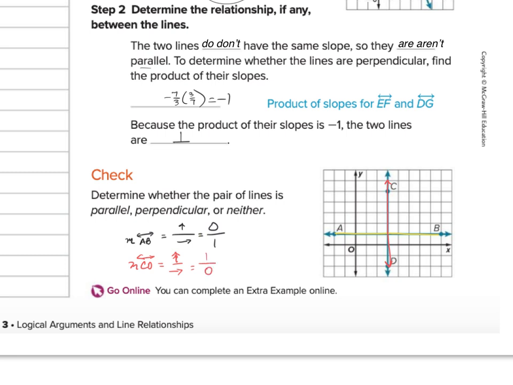So what I can see is that this is actually equal to 0. This is undefined. And we learned that all vertical lines, right here, all vertical lines are going to be undefined. All horizontal lines will have a slope of 0, and horizontal and vertical lines are perpendicular to each other.